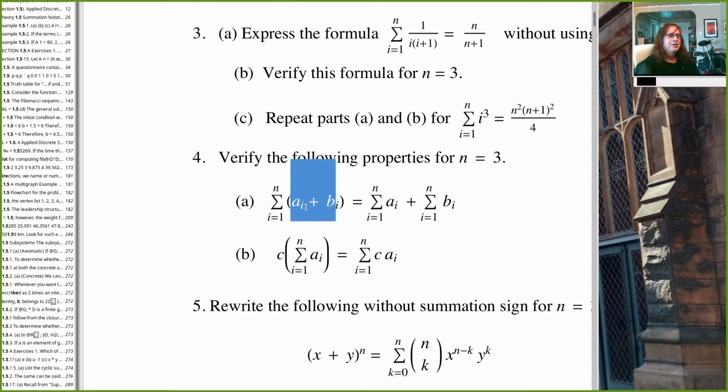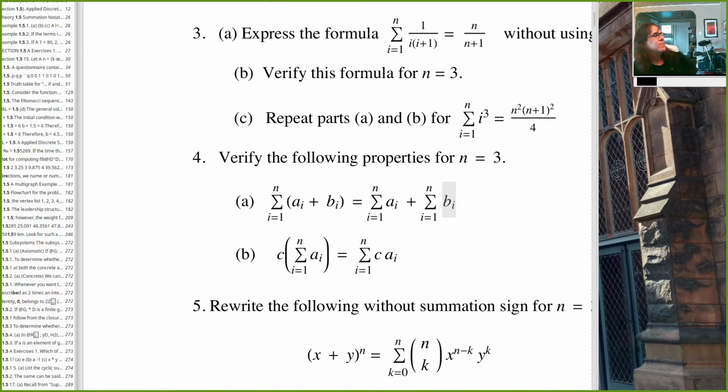Write down what each of these three terms are in the sum, add them up, write down these three terms, add them, write down these, add them, add those two expressions together, and see if you can convince the reader that that's equal to what you got on the left. And then the same thing for part B. And that's definitely one of these play around with it and see what you come up with kind of questions.